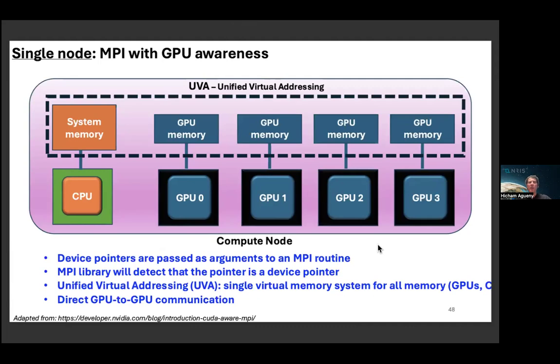And the concept of MPI with GPU awareness is based on a concept called unified virtual addressing, in which you have a single virtual system that combines the system memory and the GPU memory.